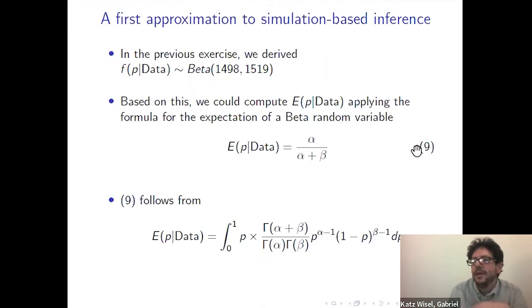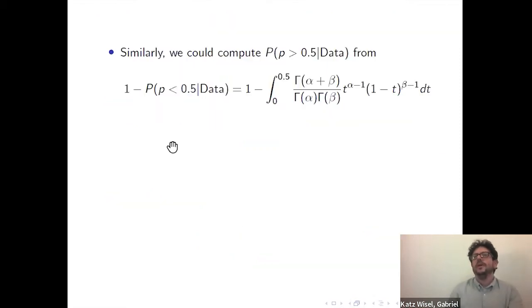So for instance, we could compute the posterior means because we arrived at the closed form, equation 9, which results from solving this integral. We could also compute the probability that candidate A wins, also coming from this integral.